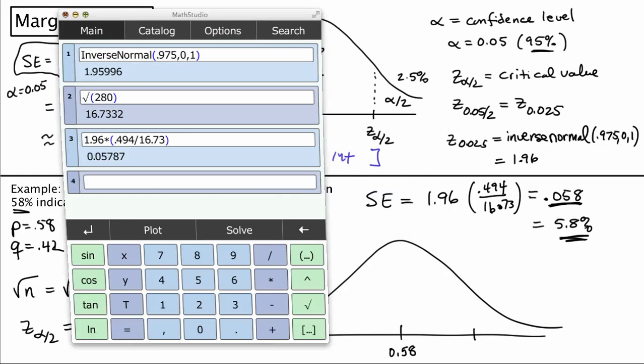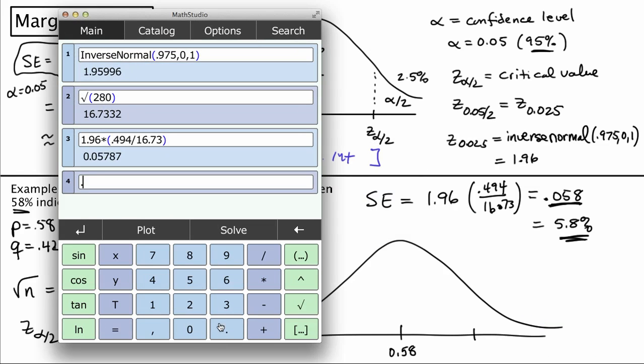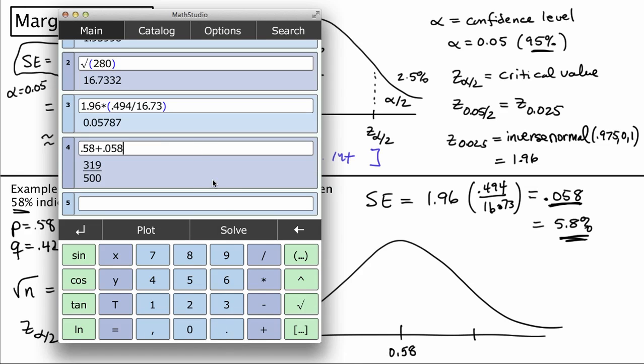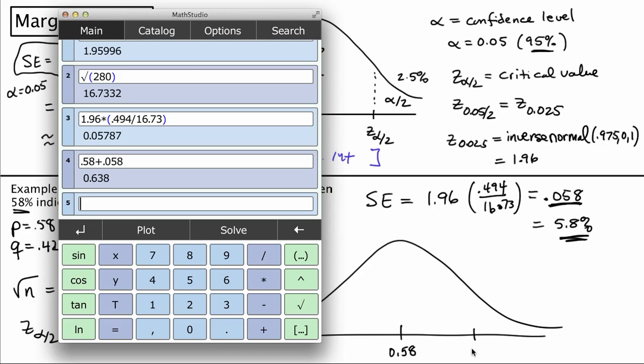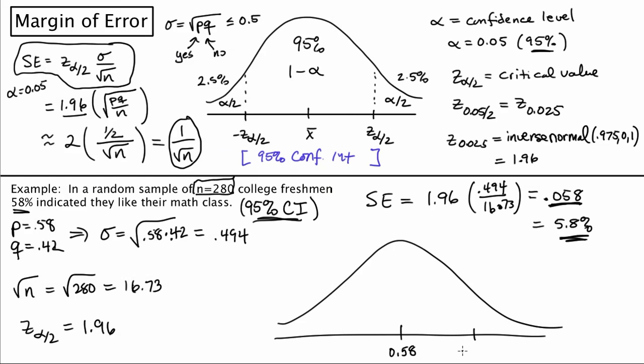And so if I take the 0.58 and I add 0.058, I'm at 0.638. And if I do the same thing but subtract, I'll get 0.522.